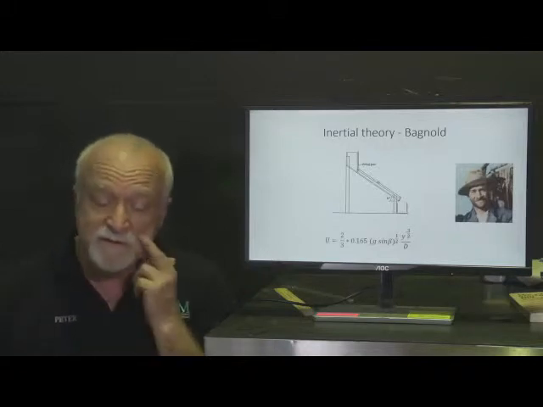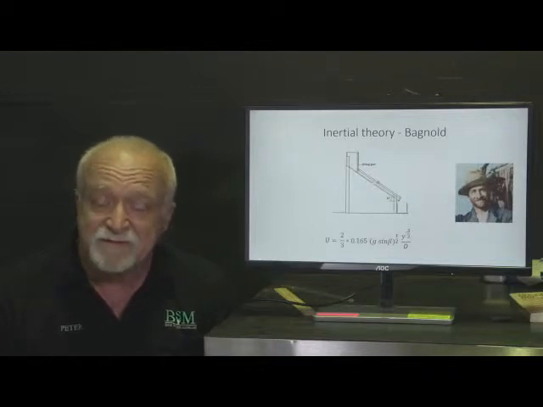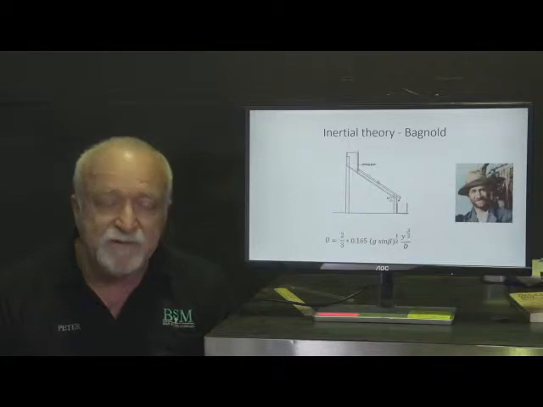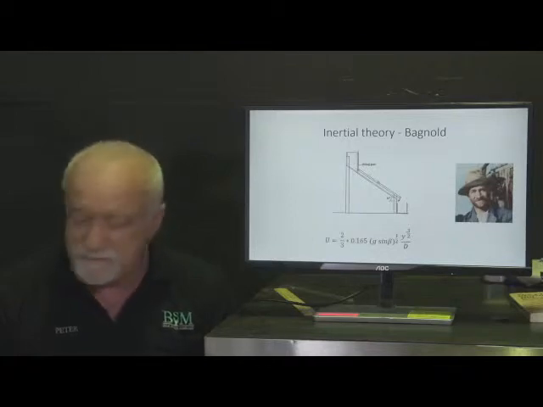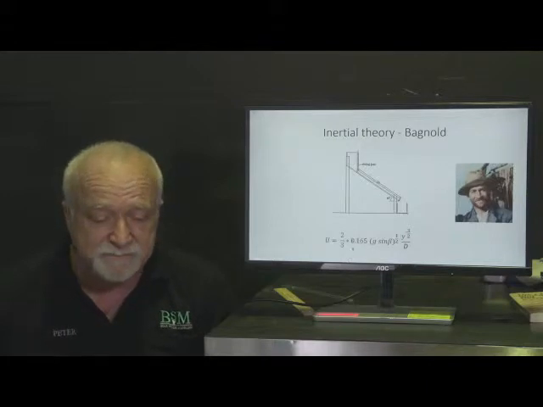You won't find Bagnold mentioned in the literature in Australia for some reason, but he's very certainly a pivotal figure in the relevant theory for transfer chutes, the inertial flow regime.